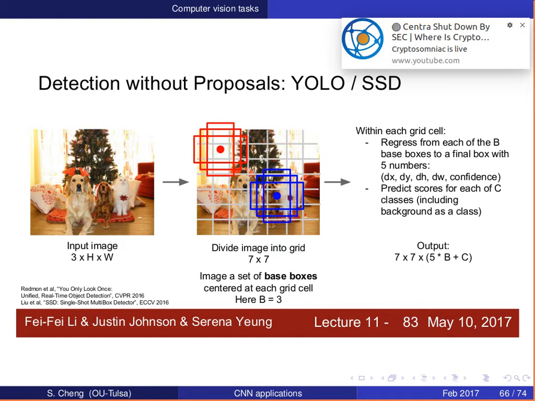Of course, it doesn't mean that we first partition into pieces and then run a CNN for each piece, and then do classification and regression. Instead, everything is done in one big chunk.